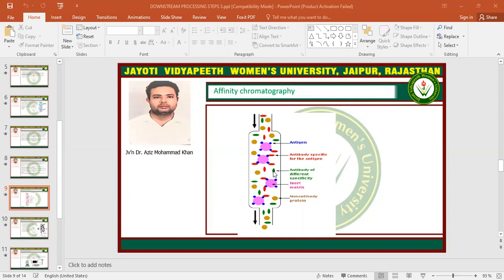This is an antibody of different specificity. So in a mixture, we are adding different kinds of antibodies. The specific antigen-antibody interaction will take place. Suppose there are three antigens. For those three antigens, we add three different types of antibodies. The matching antigen and antibody will bind to each other, and the remaining material will be separated.